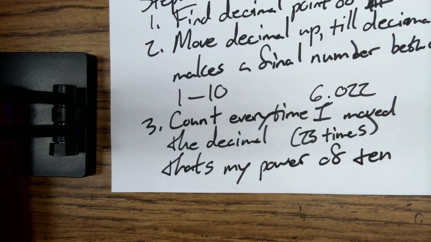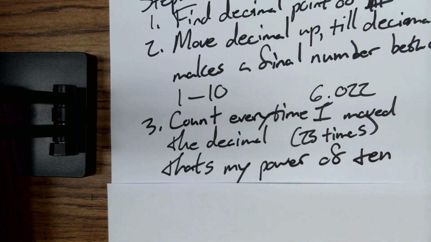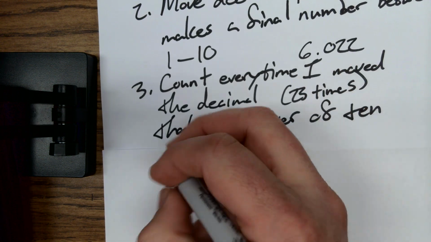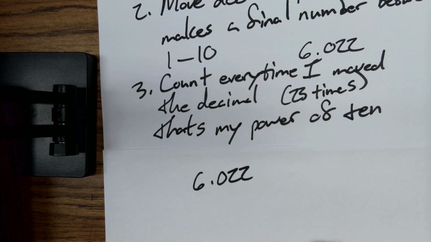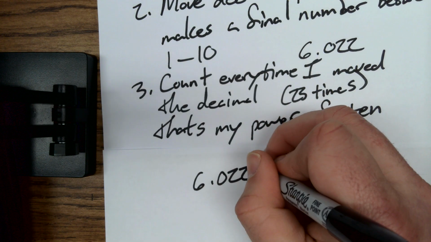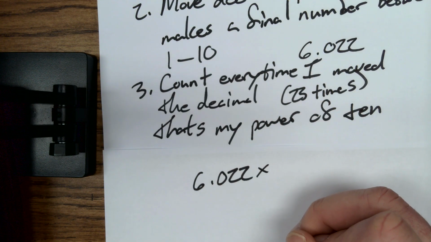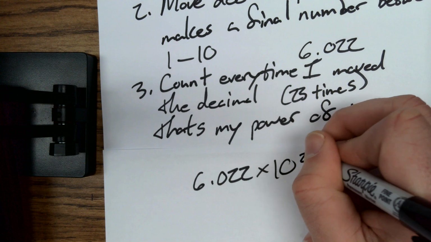So I grab another piece of paper. Give me a quick second here. My base is 6.022. I moved it 23 times. So what's my power of 10? Times 10 to the 23.